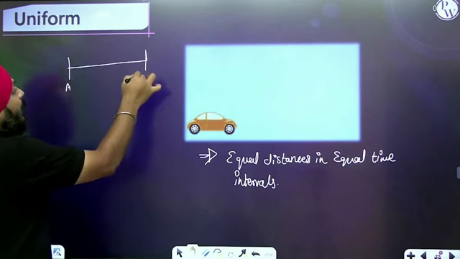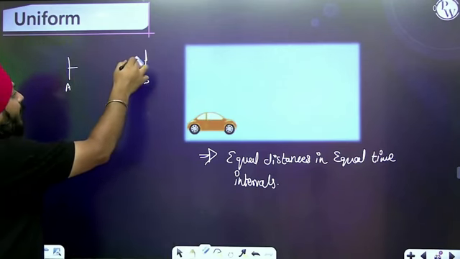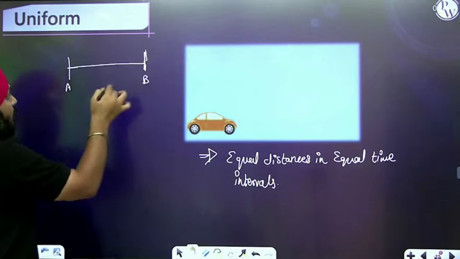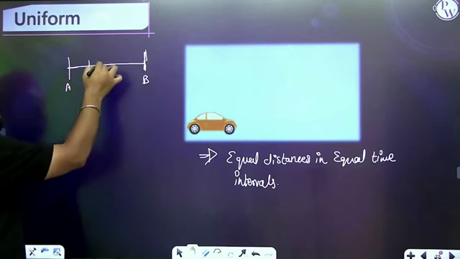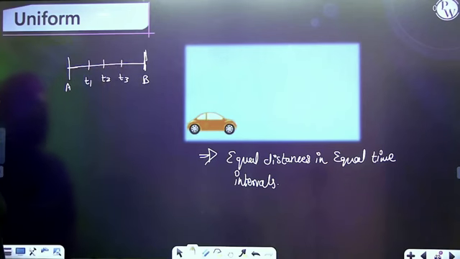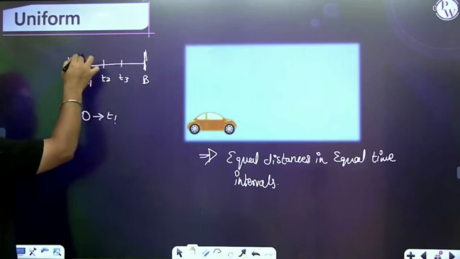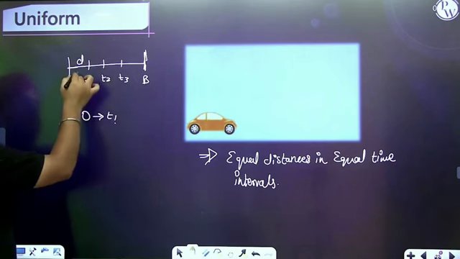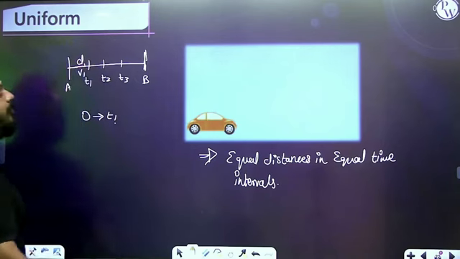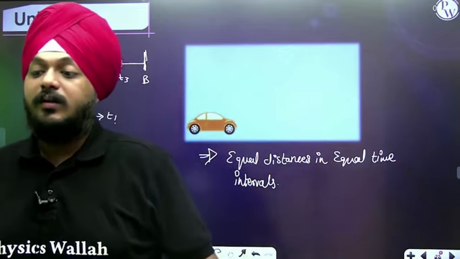The object starts from A, ends at B. This is the first time interval T1, this is T2, this is T3. So from 0 to T1, the distance covered is D1, with the velocity v1. Motion parameters may get changed.